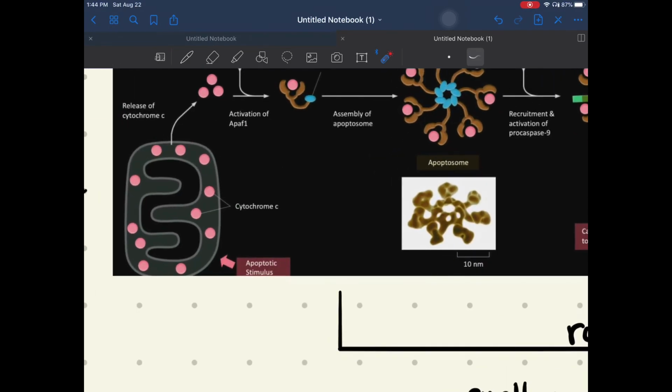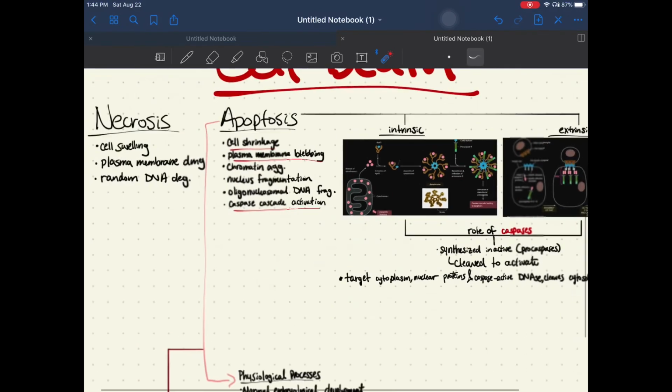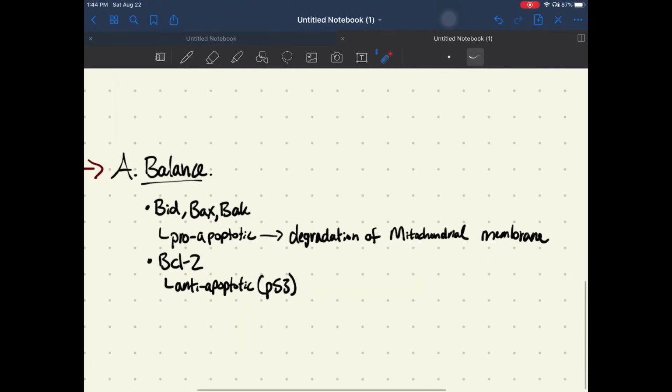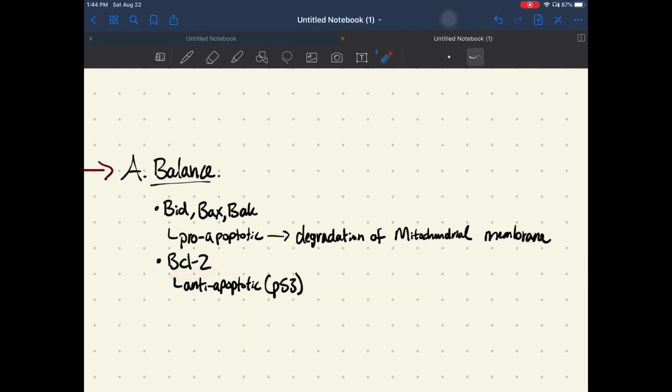If we look back up here, remember that BAX in the example that I gave was your apoptotic stimulus, and it breaks down your mitochondrial membrane, right? And then your BCL2 is going to be your anti-apoptotic proteins. An example would be the very famous p53 tumor suppressor. So you're essentially just trying to create a balance between these two different classes of proteins.